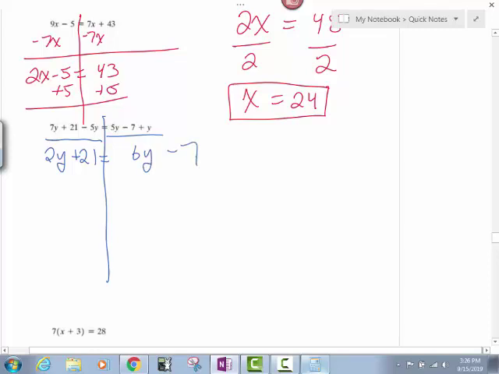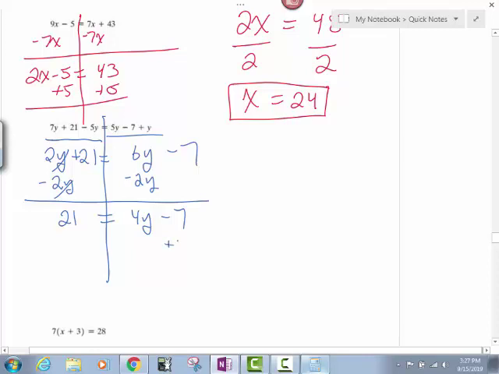So now this problem is just like the ones we did earlier. Let's go ahead and move the smaller y to the bigger y. So between the 2y and the 6y, the 2y is smaller. So I'm going to go ahead and subtract 2y on both sides. That's going to leave me with a 21 equals 4y minus 7.